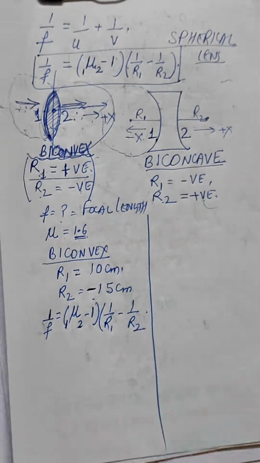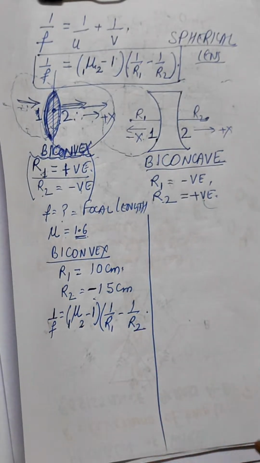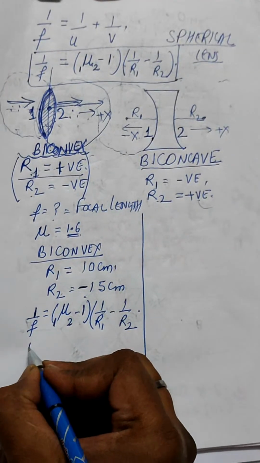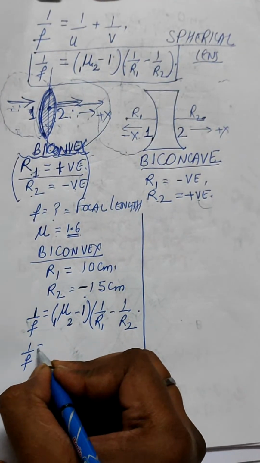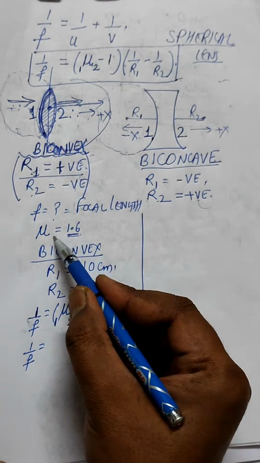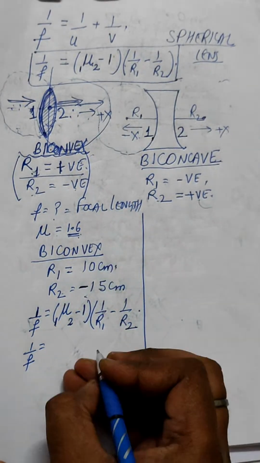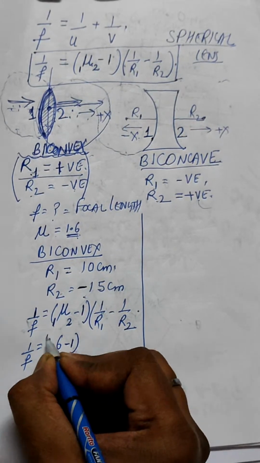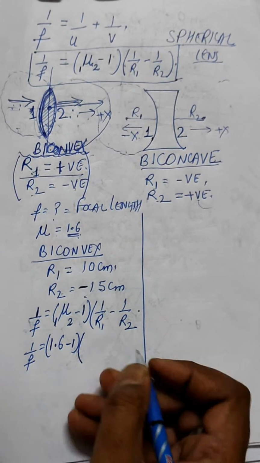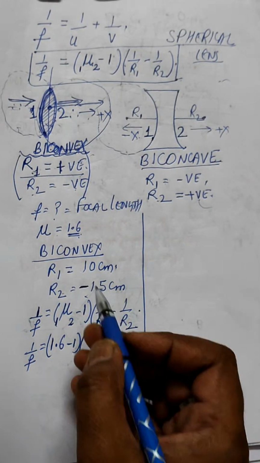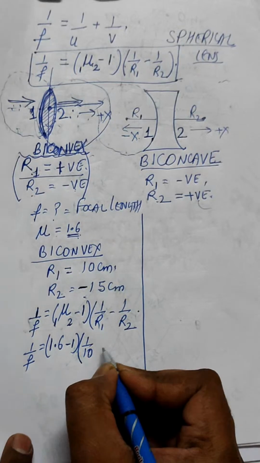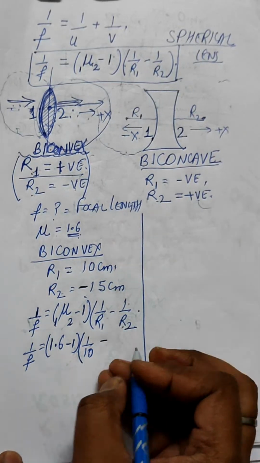This is the formula we will be using, right? Now here 1 by f equals mu, the value of mu is given as 1.6, so it is 1.6 minus 1, times 1 by R1, which is 1 by 10, minus 1 by R2.